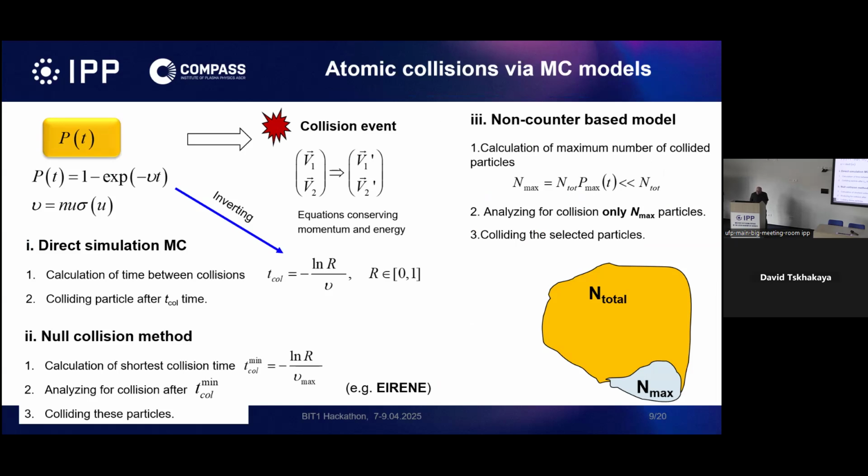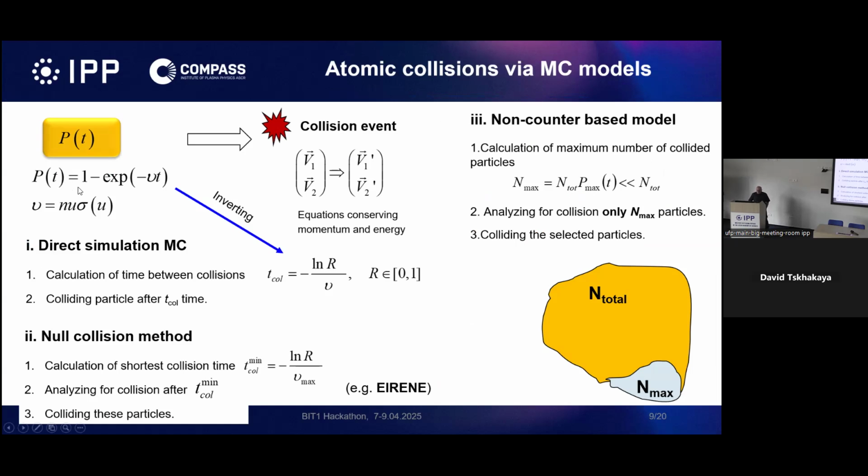Now, coming back to collisions. We considered Coulomb collisions, and then we also have to consider atomic collisions. These collisions are also treated with Monte Carlo. The principle is the same: you have a probability of collision.